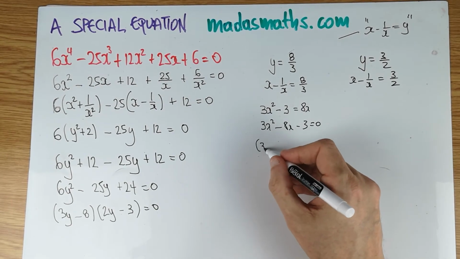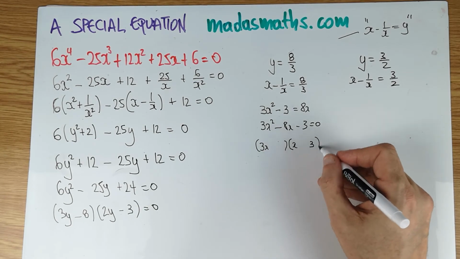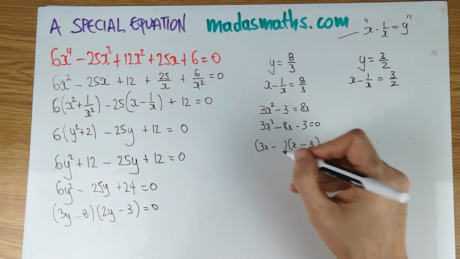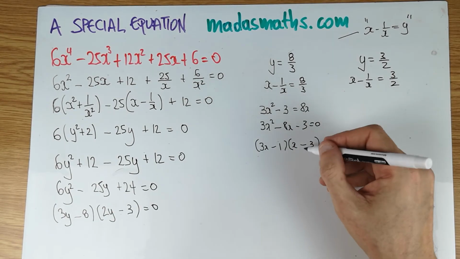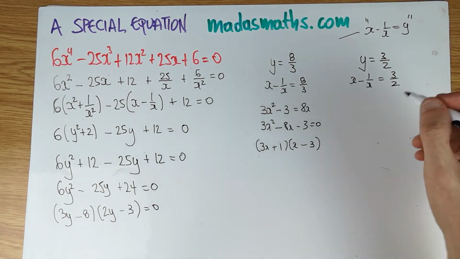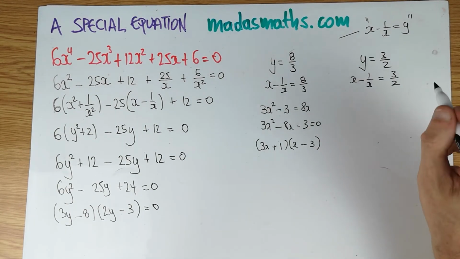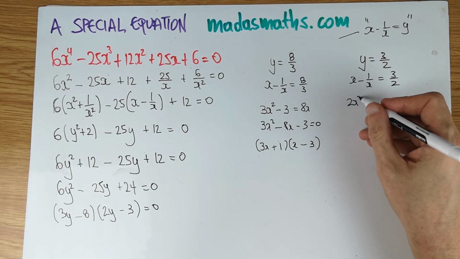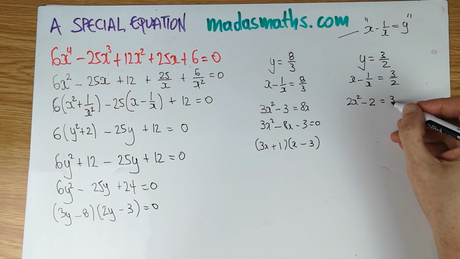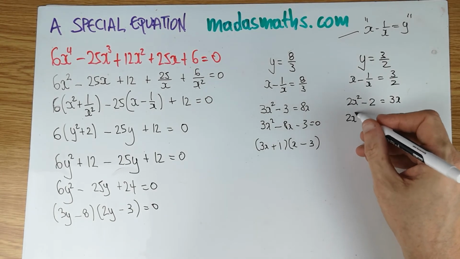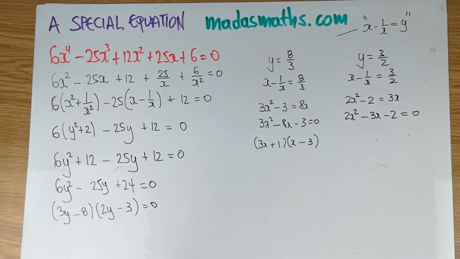And this would factorize with 3x. I can see this one just about, 3 on this side, and we need 1 minus and 1 plus. So we need more negatives. That's the negative, that's the plus. I'll sort out the solutions at the end. This one we need to multiply the equation by 2x. So we're going to get 2x squared minus 2 is equal to 3x. 2x squared minus 3x minus 2 is equal to 0.